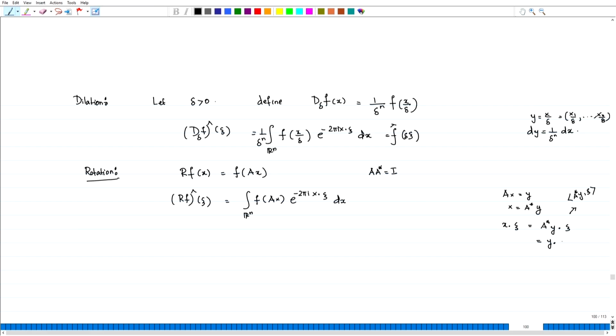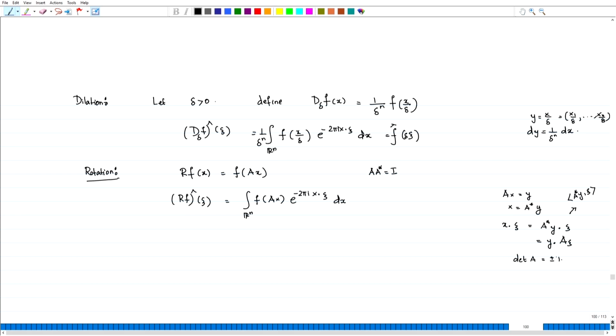So, if you take A to the other side, then this is going to be A xi. And then for dx, this change of variable says that the Jacobian is going to appear, and in this case we know that the determinant of A is equal to plus or minus 1.